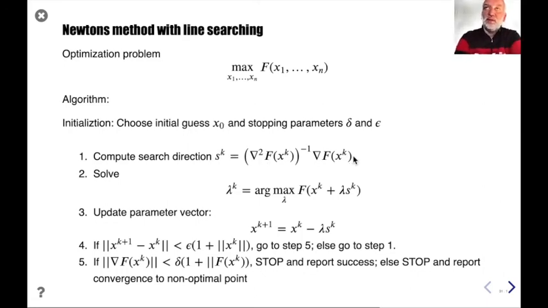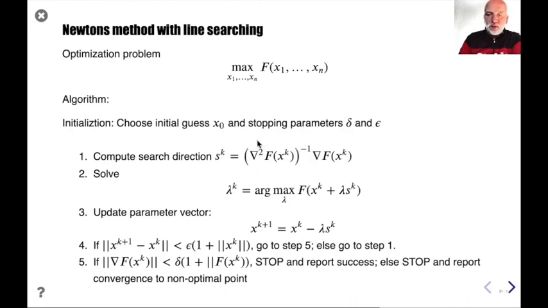Here I've moved it around, but you could also write it as a system of equations where you have multiplied the Hessian on either side, and then you solve that. It's more efficient to solve it as a linear system of equations than first calculating the inverse and then doing the multiplication afterwards. It's just easier to write it in this way here.